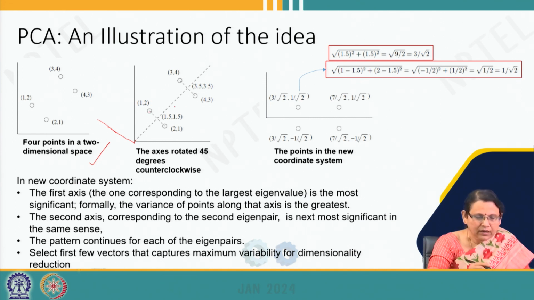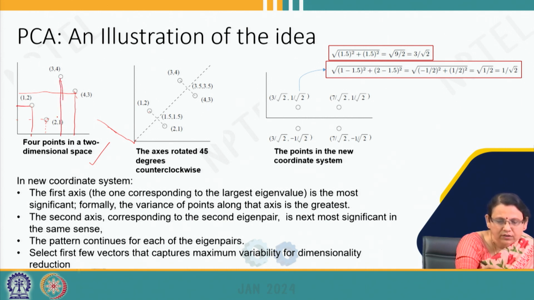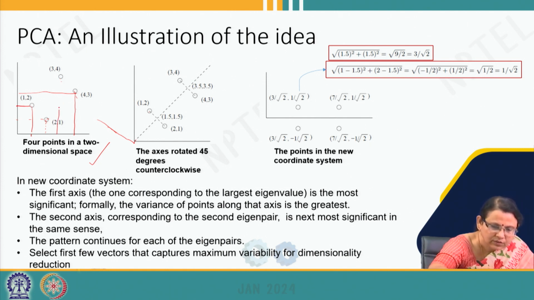Now, look, when they were here, this was their x component, this was the y component; for this point, this was the x component and this was the y component; for this one this is x, this is y; and for this one this is x and this is y.